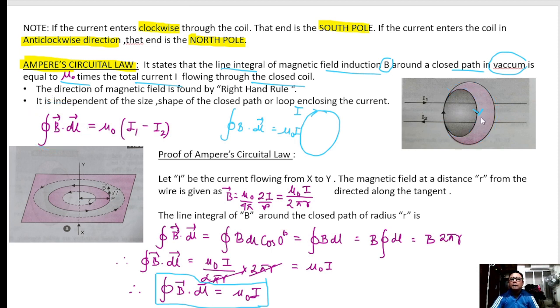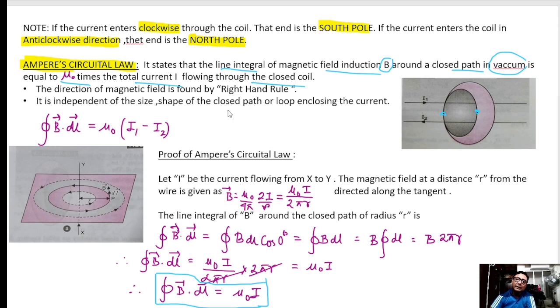Okay friends, so let's see. So watch here, in this loop the current is entering clockwise. Okay, the current in this loop is entering clockwise, and in this loop it is entering anti-clockwise.